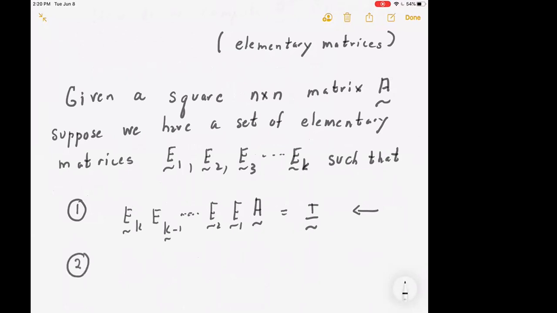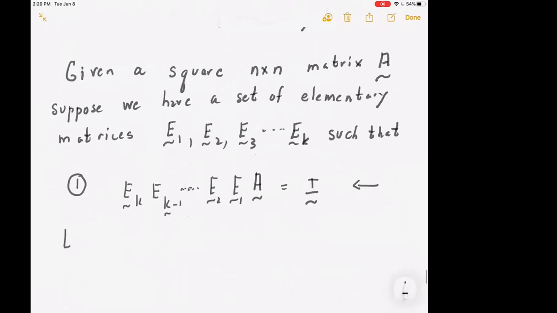All right, the next thing we want to do is define a new matrix.